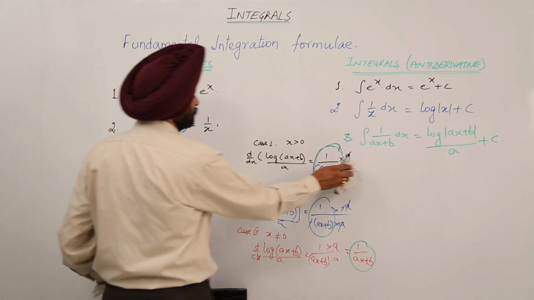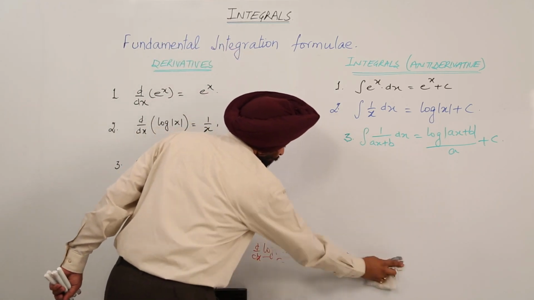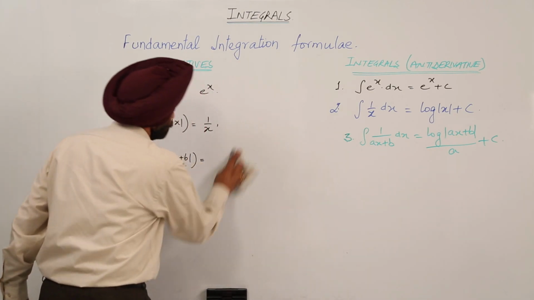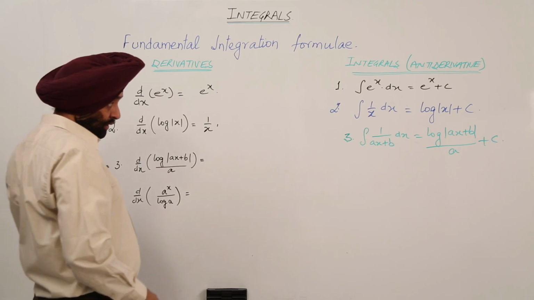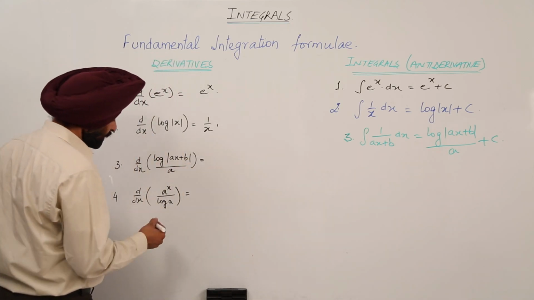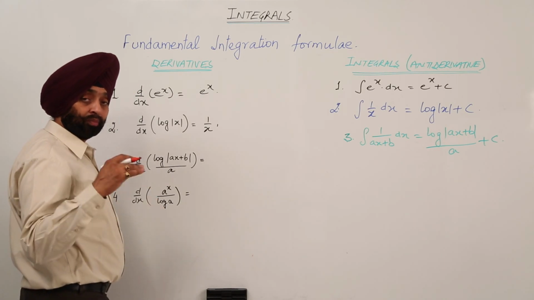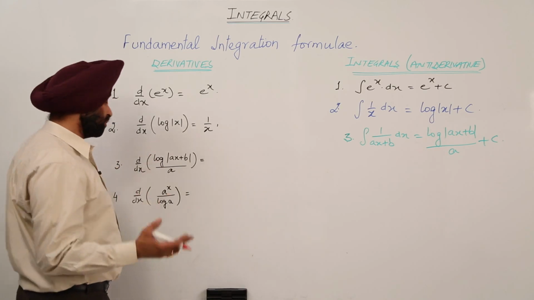So we are having 3 cases for the derivative part, and that's why the result is with the modulus function. Okay. Now number 4, d by dx of a raised to power x, a numeric value with any number or a variable. Okay.